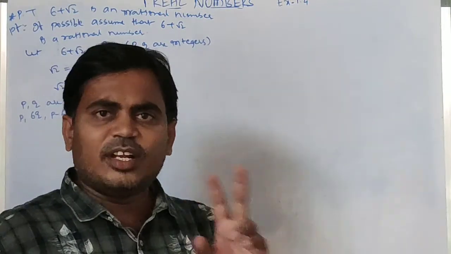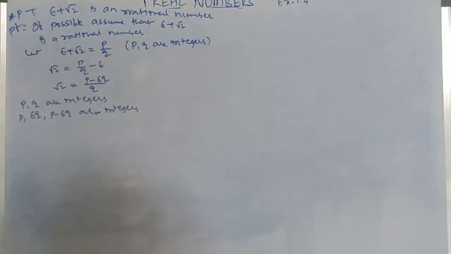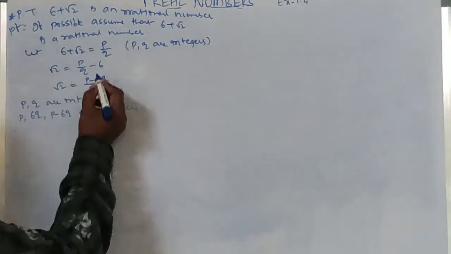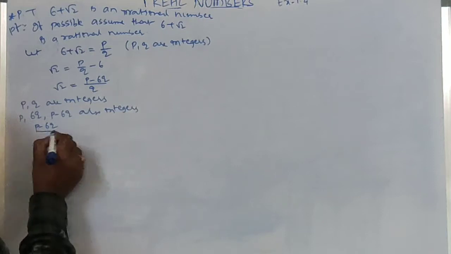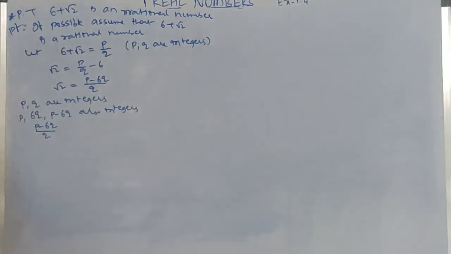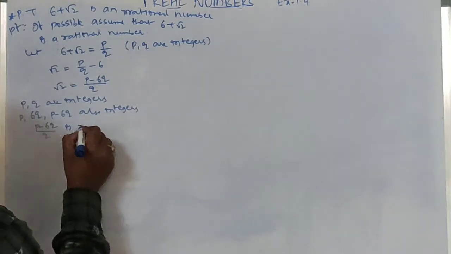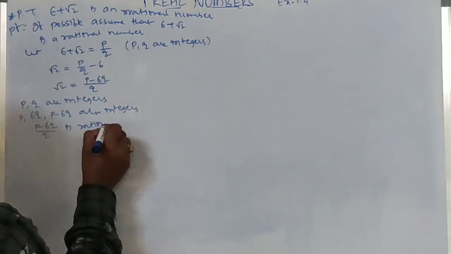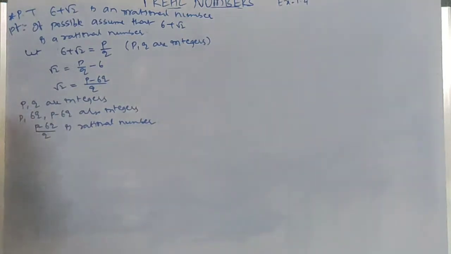The difference between any two integers is again an integer, so p minus 6q is also an integer. Numerator integer, denominator integer. Integer by integer is a rational number. So (p minus 6q) by q is a rational number.